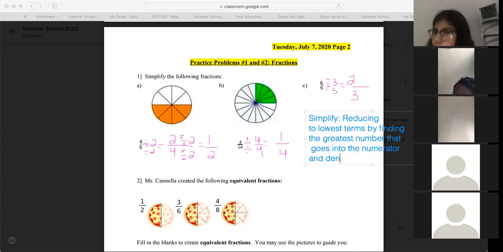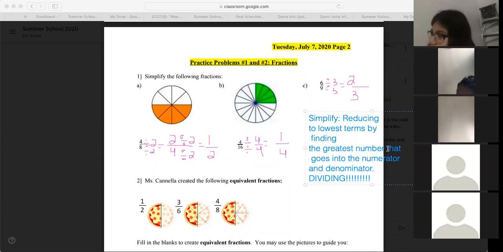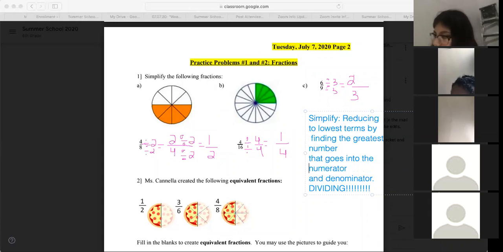Please write these notes down. You're going to need them for when you take your assessment on Thursday. And we actually are dividing. Again, simplifying means reducing to the lowest terms by finding the greatest number that goes into both the numerator and denominator, and you're dividing, because a fraction is division, as Leilani already told us.